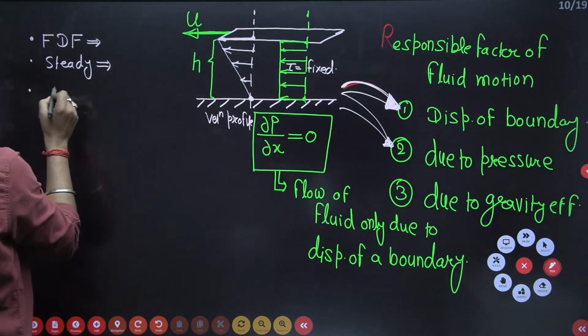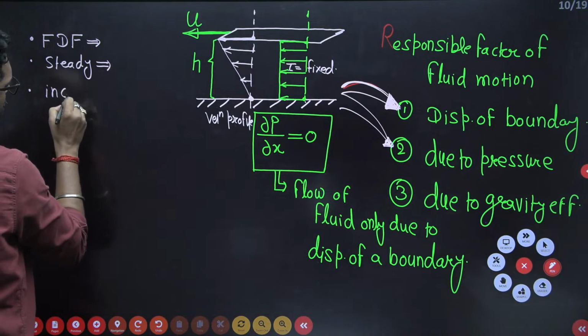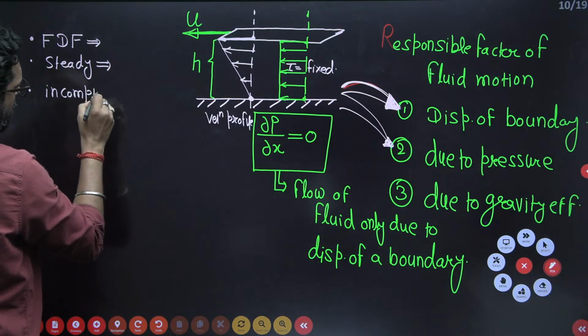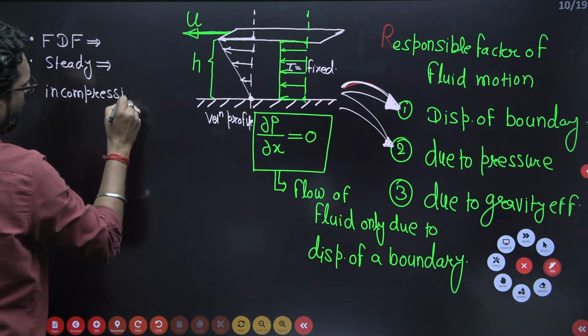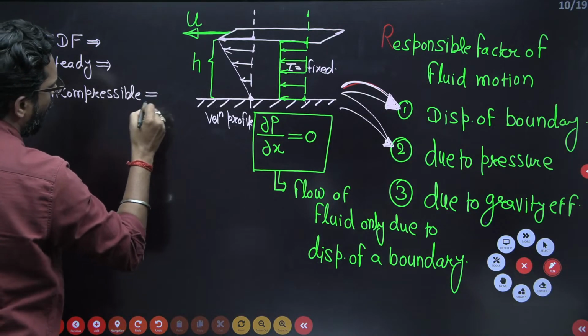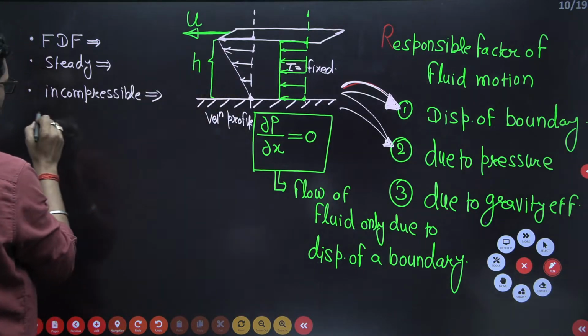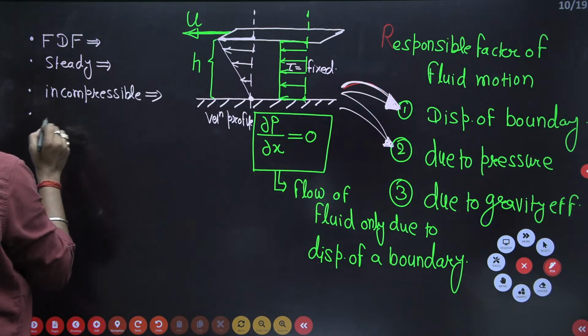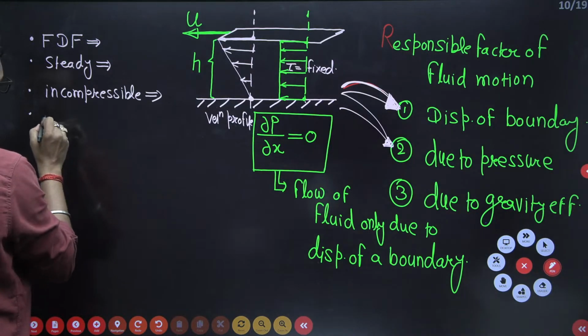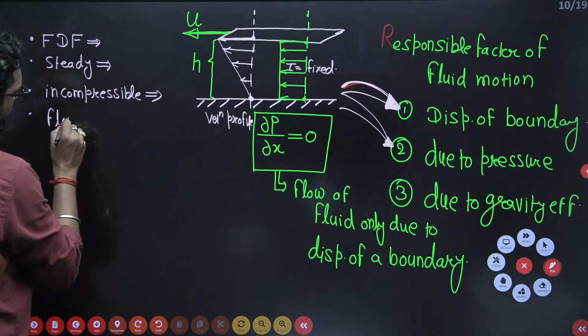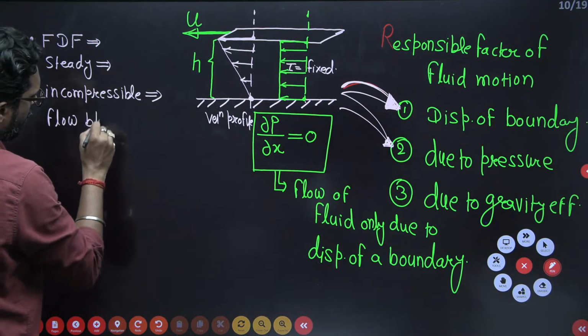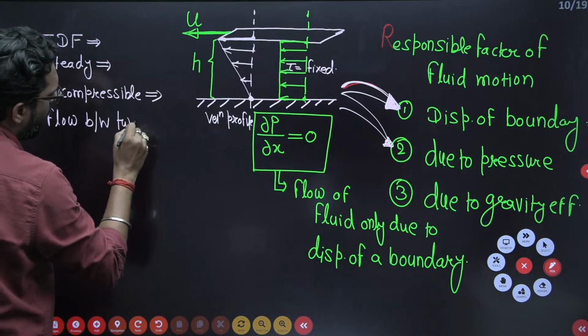Number third, incompressible. That means the density of the fluid doesn't change, and flow between two parallel plates.